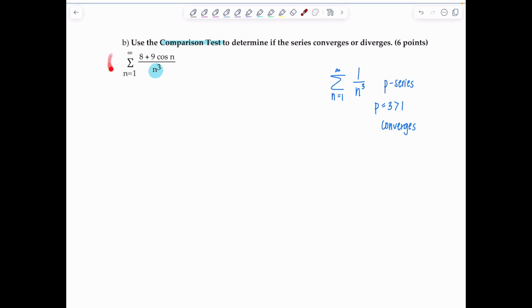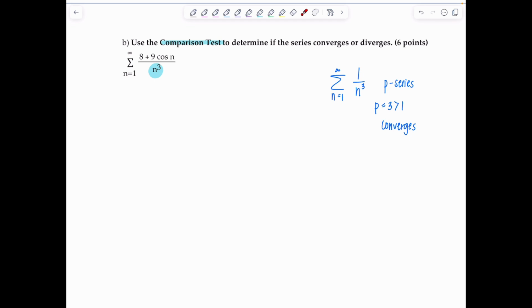So most likely this series will converge also, because if you look at what's happening in the numerator, it's nothing life altering for the terms of the series here. 8, that's a constant, not going to do anything. And then cosine n wiggles around, but it doesn't blow up or approach infinity. So the numerator's not doing much. This n cubed down here, that's running the show. So I suspect this guy converges as well.